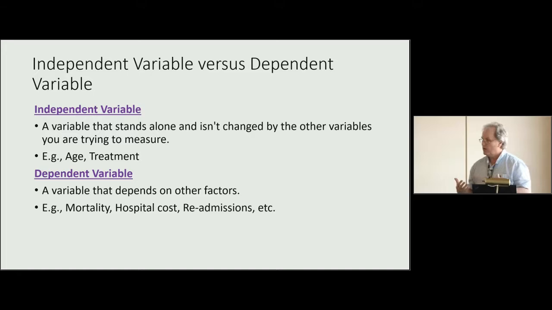Age, treatment, randomized allocation to a therapy, right? This is something that's manipulated by the researcher. This is an independent variable. A dependent variable, as the name implies, is a variable that is dependent on other factors. For example, mortality, hospital cost, readmissions, complications, etc.